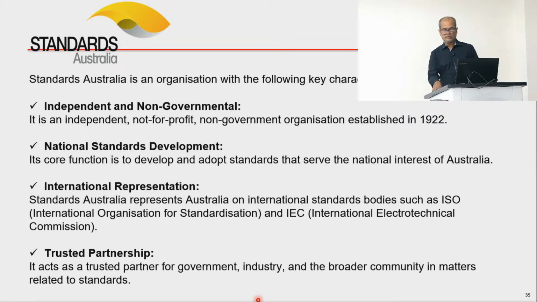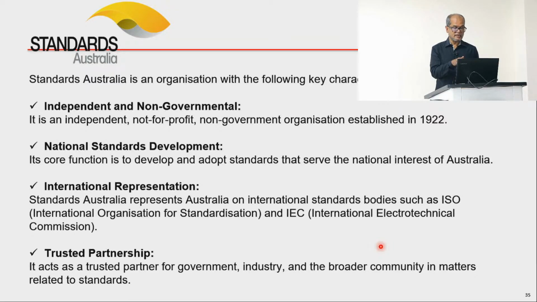Now in Australia, we have Standards Australia. Also in India, you have Standards India. They are organizations that work as independent non-government bodies with different national standards. They also have regular contact with international representation, and they have trusted partnerships with government, industry, and the broader community as well.